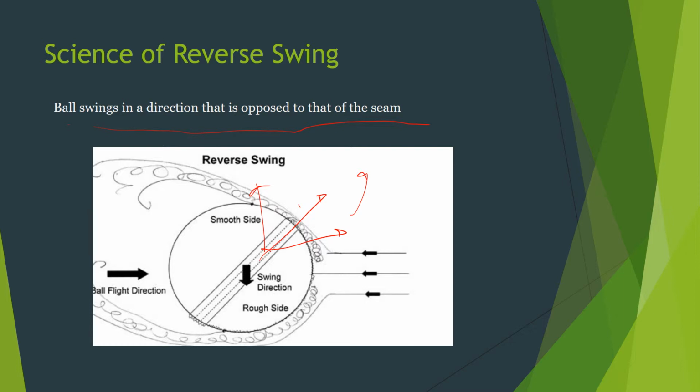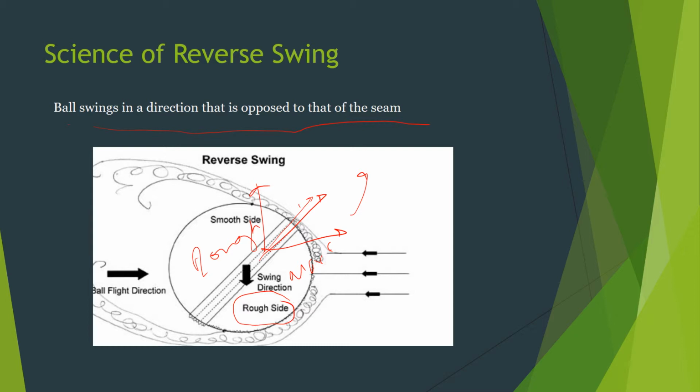But in the case of reverse swing, the bowler makes that side so rough, rigorously, like this is the rough side, this is the more rough side. So what will happen when the ball pitches on the ground, though the seam is in the same direction?